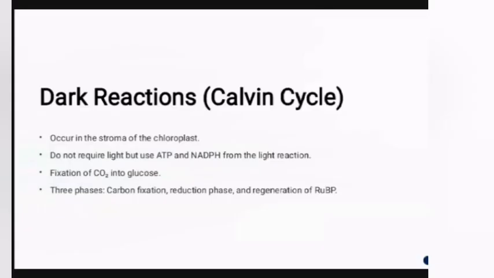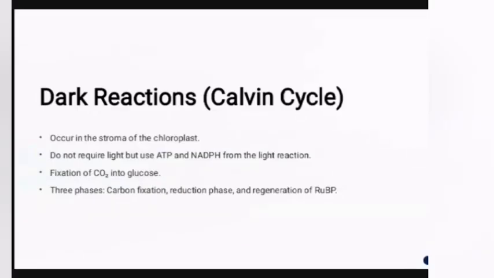Then the dark reaction. Please, this is why it's called dark reaction, but it does not mean it occurs only in the night. It is called dark because it does not really need sunlight to be present. What it needs to be present is ATP and NADPH.